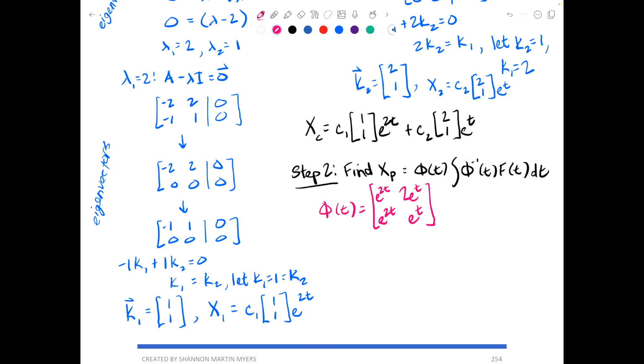So now phi inverse at t will be 1 over, I'm using that one method again, so we'll have e to the 2t times e to the t minus 2 e to the t times e to the 2t. And then our matrix, we switch the main diagonals, and then we put the opposite sign in front of the coefficient of the other ones.